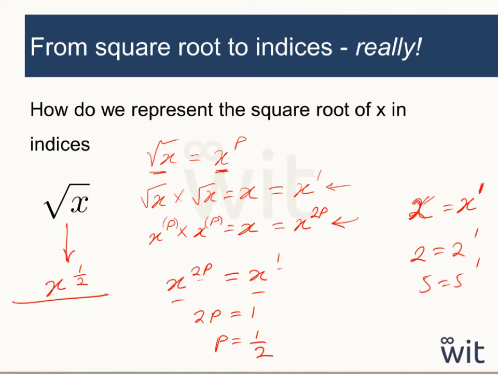And if you recall from our previous slide, x raised to the power 1 over a is equal to the a-th root of x. So x raised to the power 1 over 2 will be equal to the 2nd root of x, or the root of x, which is still the same thing.